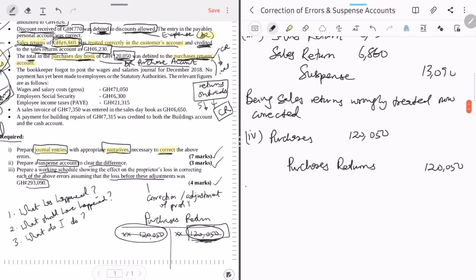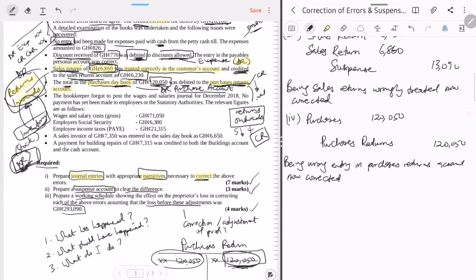So we can just say, being wrong entry in purchases returns account, now corrected. Simple. Then we come to the next one.